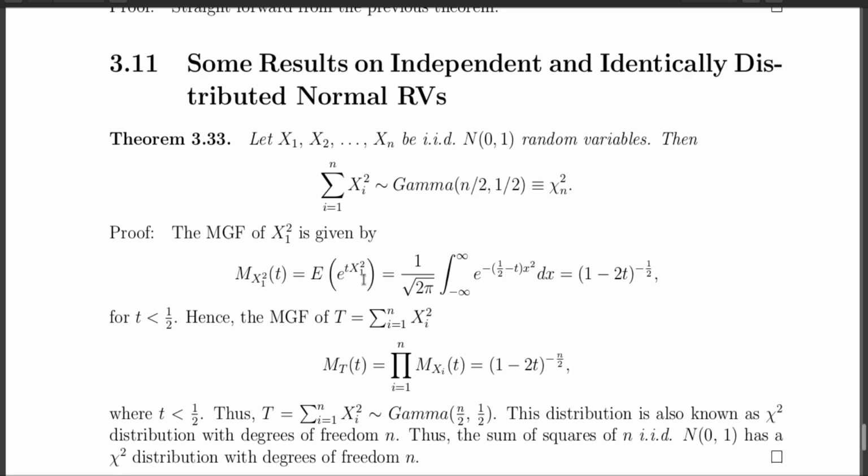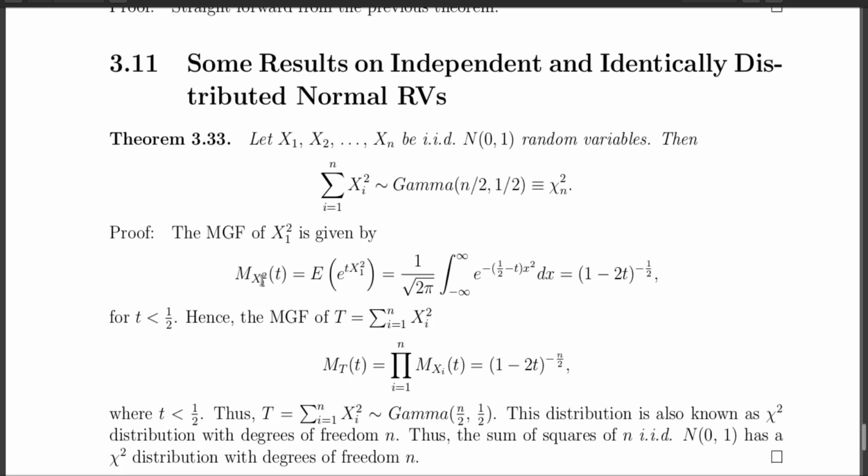First you need to understand that this is an even integral, so you can write it as 2 times the integral from 0 to infinity. Then you can convert it into a gamma integral, or you can use the density function of the normal distribution to do this integration. Once you do the integration, it turns out to be this, and this integration only exists if t is less than half.